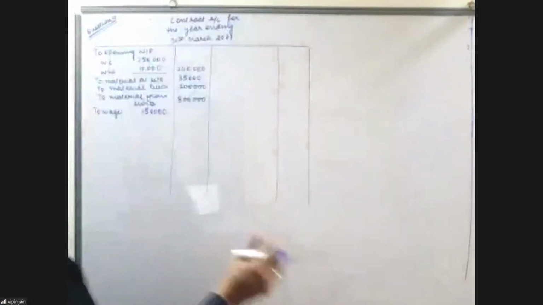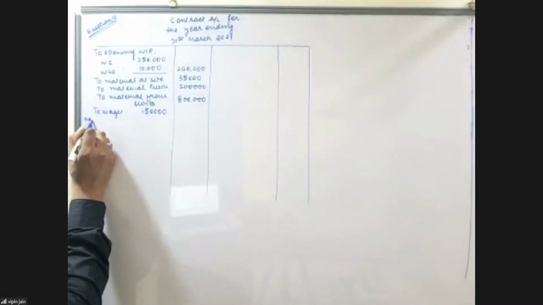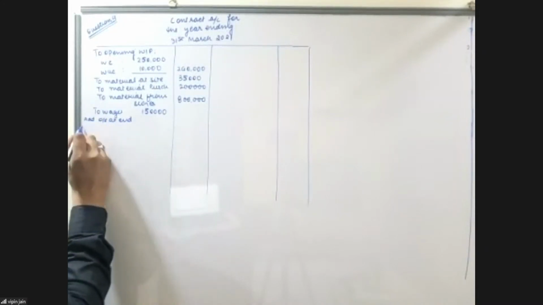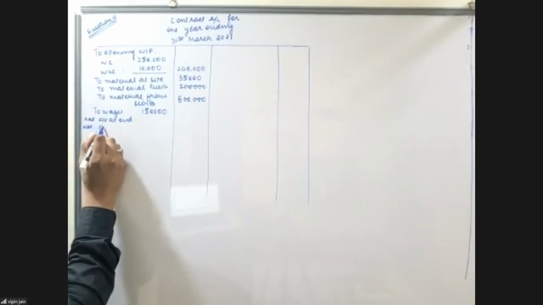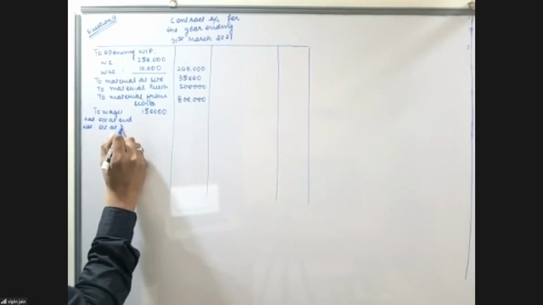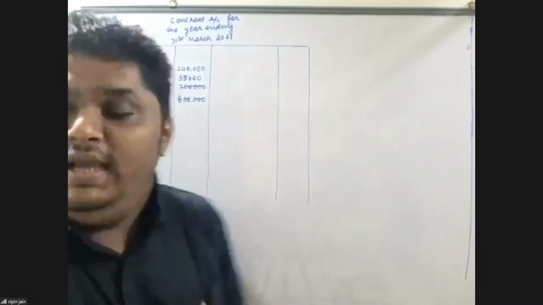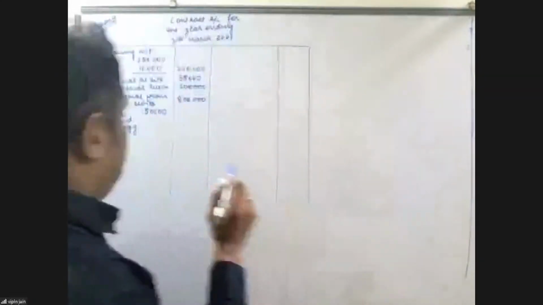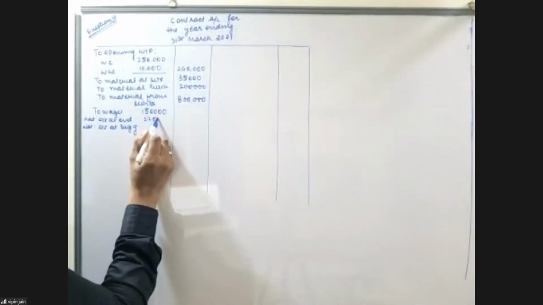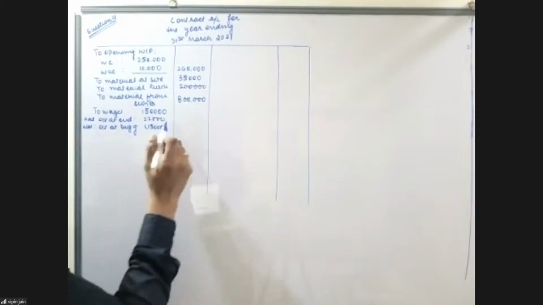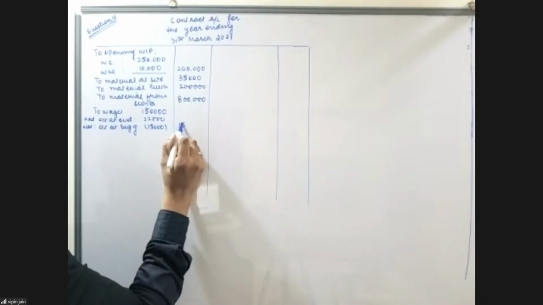So add outstanding at the end and less outstanding at the beginning. Outstanding at the end is 22,000 and at the beginning is 15,000. So 1,57,000.